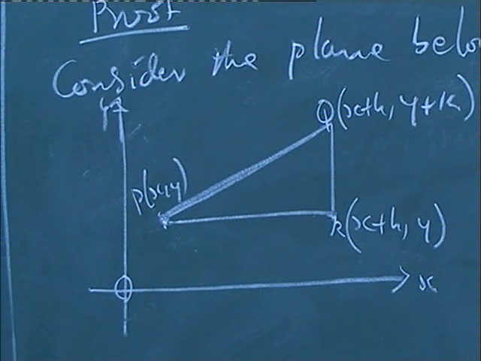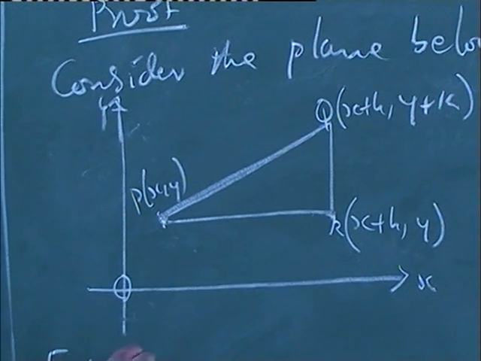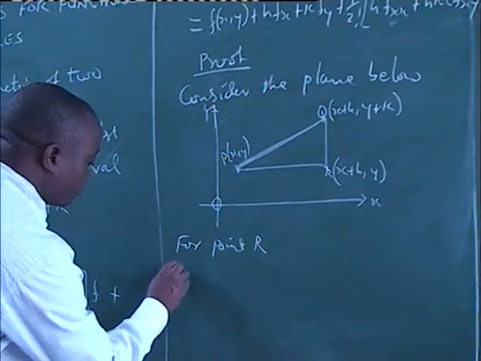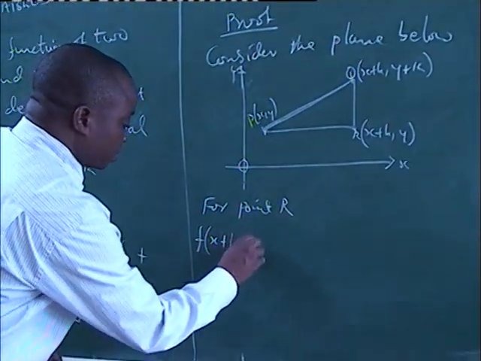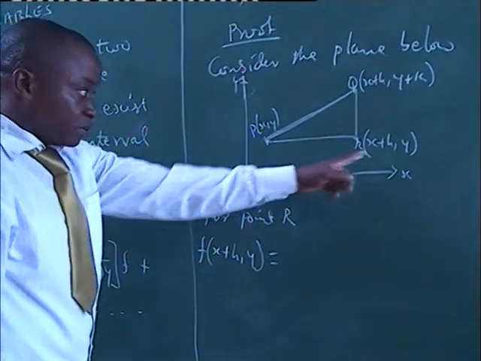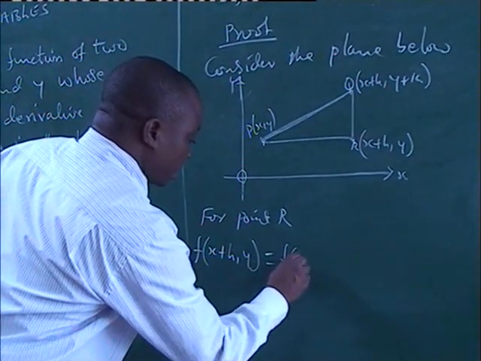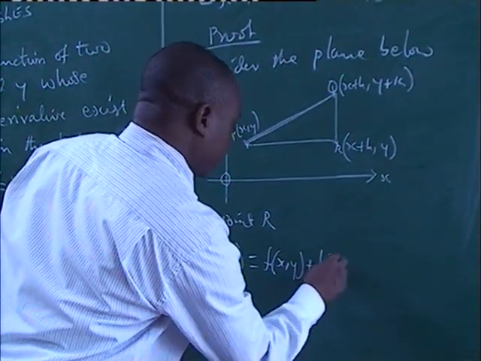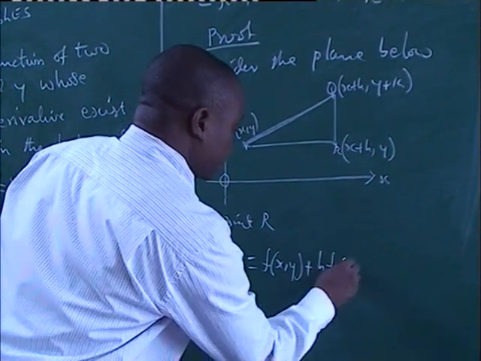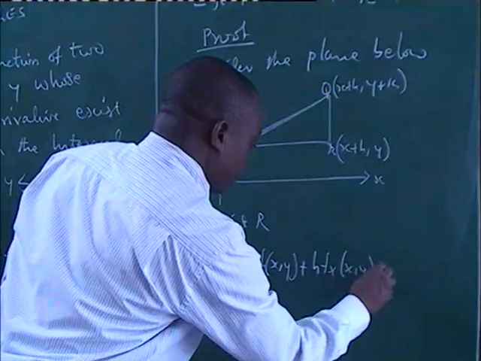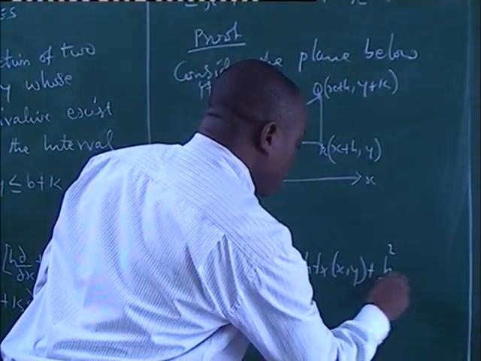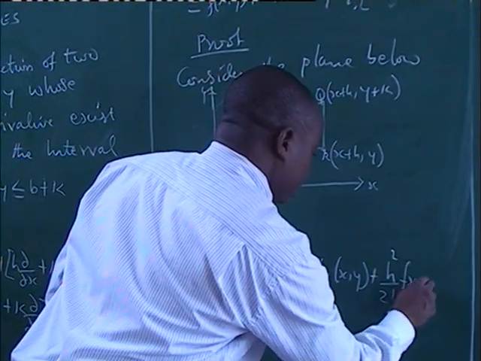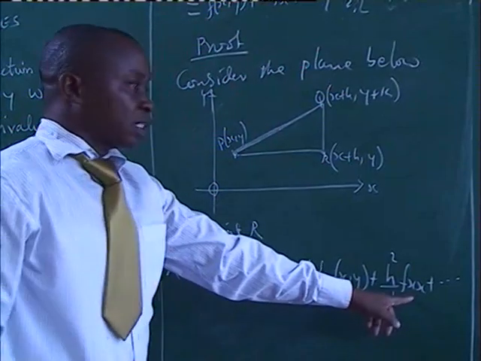Now we notice that for points R, if we deal with these points, f of x plus h, y will be equal to f of x, y plus h, plus h squared over 2 factorial times the second derivative with respect to x.